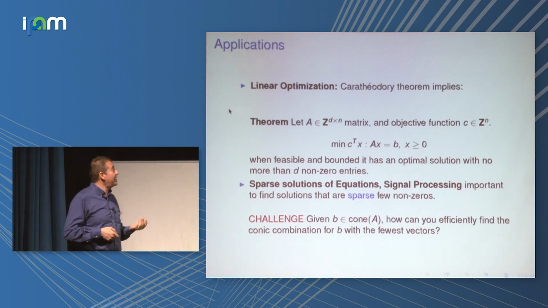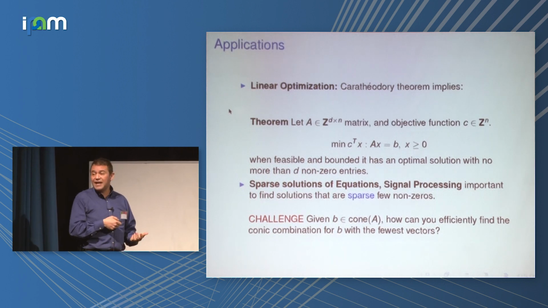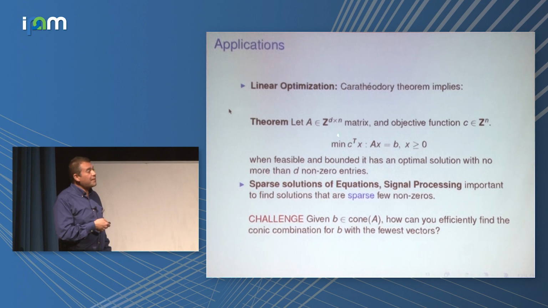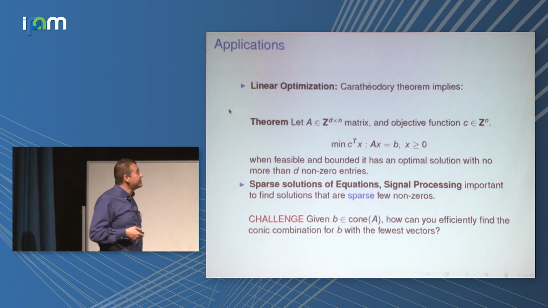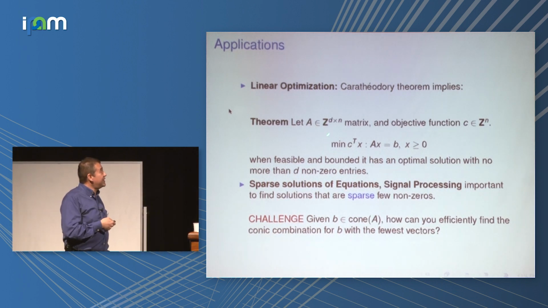So let me state it in terms of the linear programming problem that I showed you at the beginning. You want to minimize a linear function over some polyhedral region described by linear equations and inequalities.